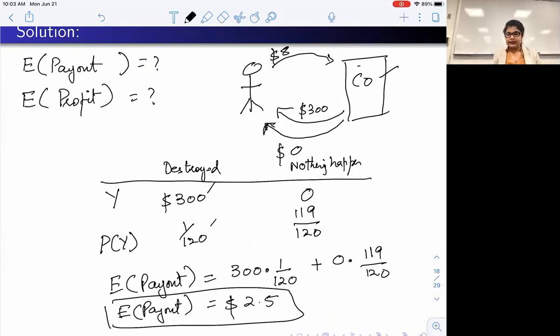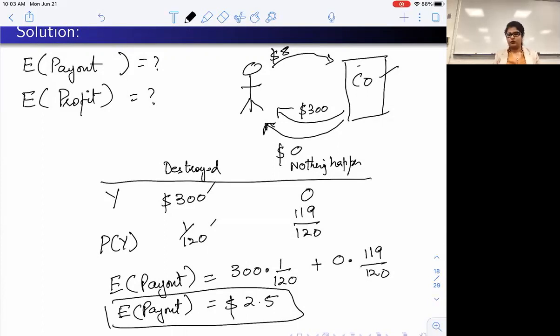It means that if we have a lot of people who are buying this insurance and they are going to pay the premium of $8, let's say we have 500 customers and 500 customers pay $8 each. So on average, there are chances that something will go wrong, or something will not go wrong, but the probability of something going wrong is very less, which is 1 by 120.